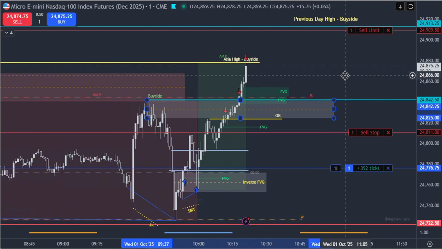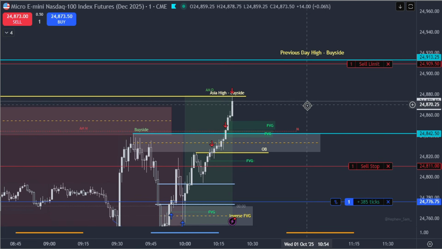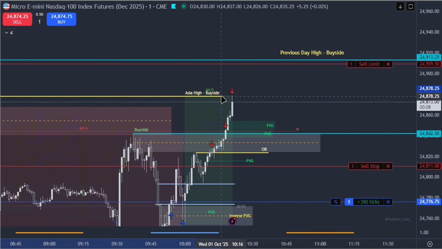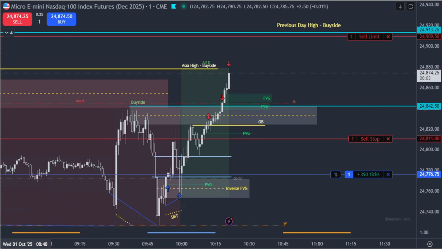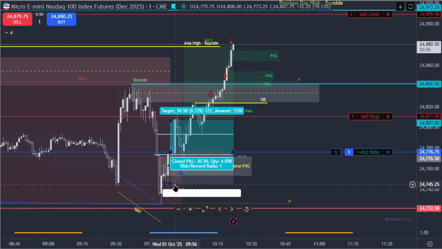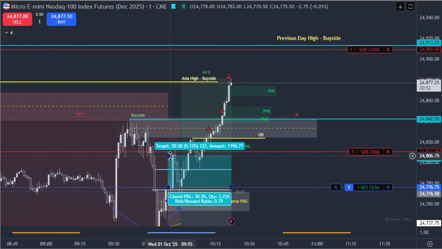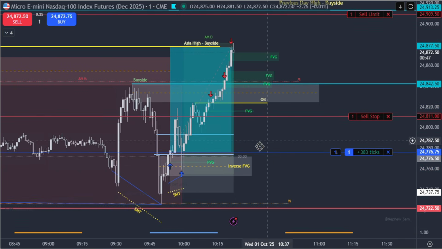I want to stay above these highs. So let's take a look to see. We entered a little bit late there. We got our stop loss somewhere down here. So far, a 2.6 trade.